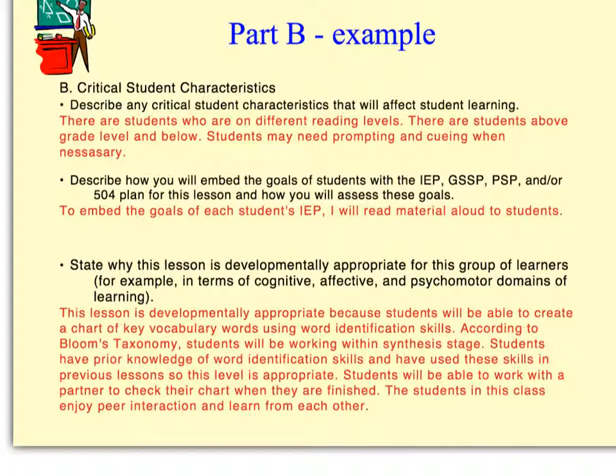So with this particular third grade level, you'll notice in red, I have shared with you, or the reader of this lesson plan, why this lesson is developmentally appropriate based on the age level and developmental level of the children in my classroom. Now you're also talking about the cognitive as well as affective and psychomotor domains.